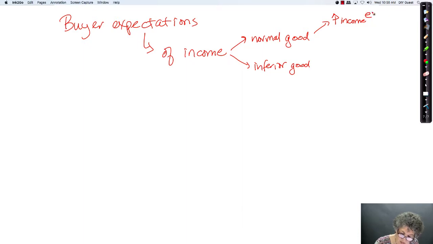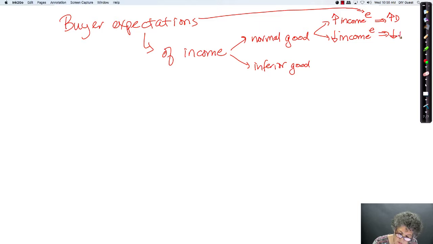The E up there stands for expected. So that superscript E is the expectation. So what I expect my income to be in the future. An increase in expected income is going to lead to an increase in demand, and a decrease in expected income is going to lead to a decrease in demand.